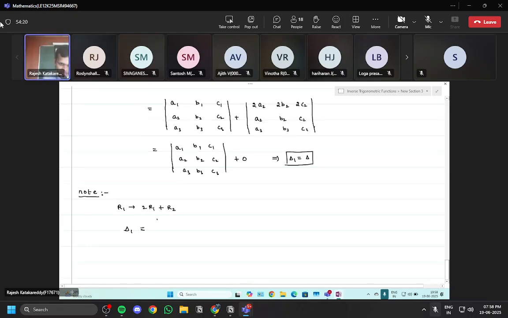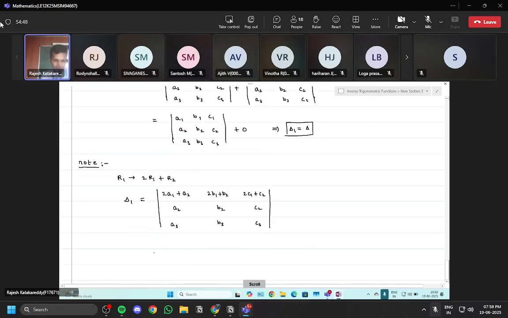Applying this operation, we will get 2 times A1 plus A2, 2 times B1 plus B2, 2 times C1 plus C2, then A2, B2, C2, A3, B3, C3. So make this one into two different determinants.